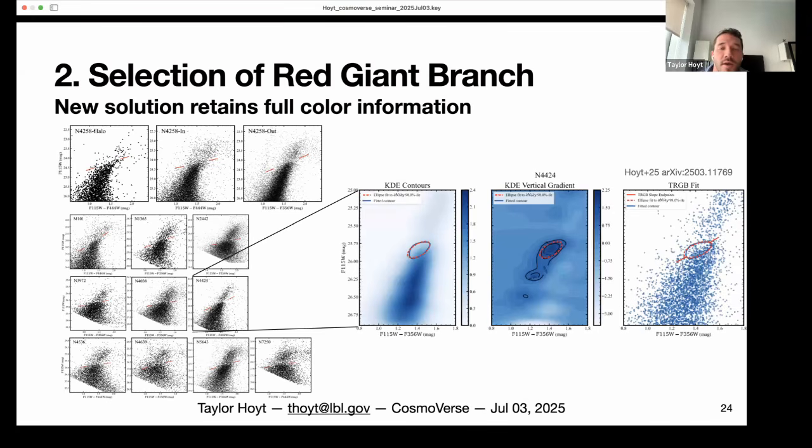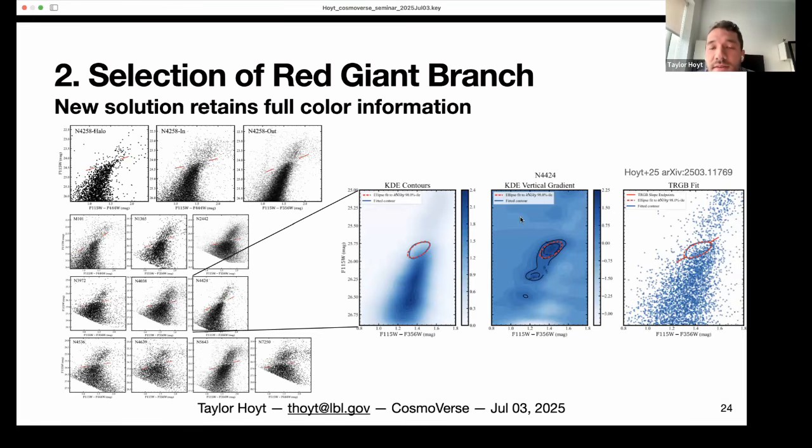If we zoom into one of the TRGB detections, I'll break it down. On the left is just the smooth, what we call Hess diagram. It's just binning up the scatter plot color magnitude diagram. Nothing special.